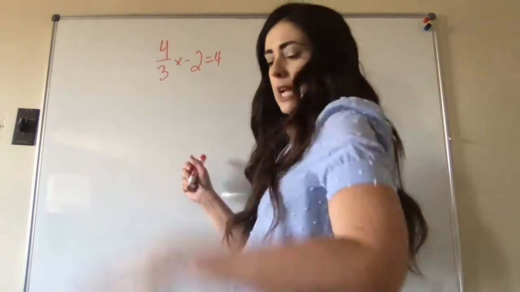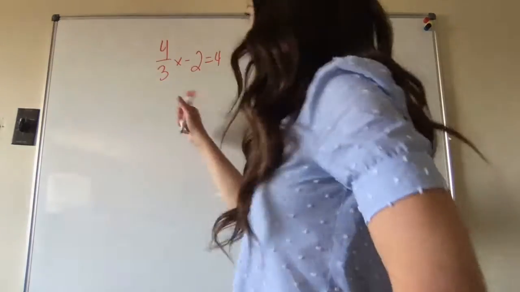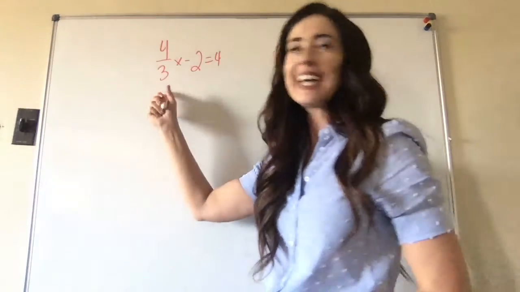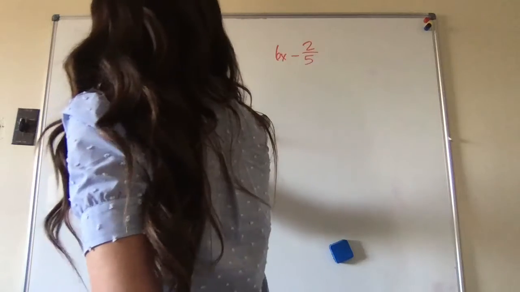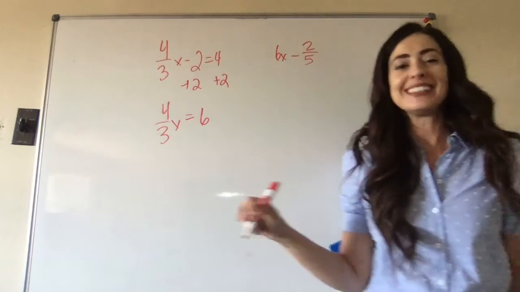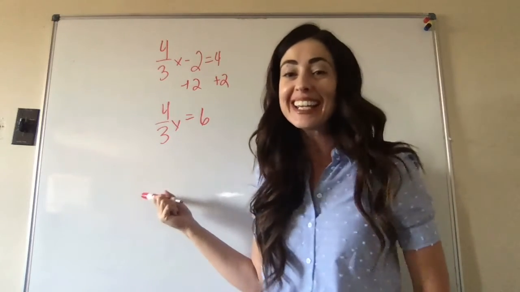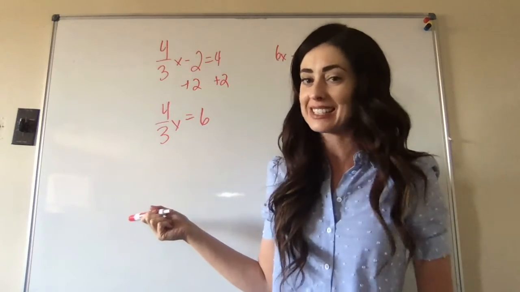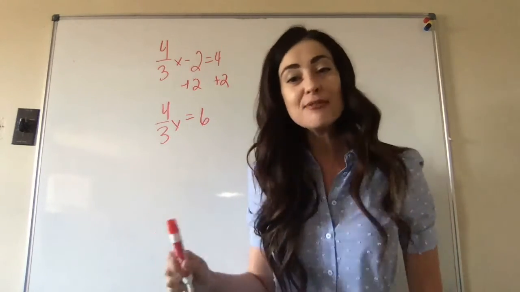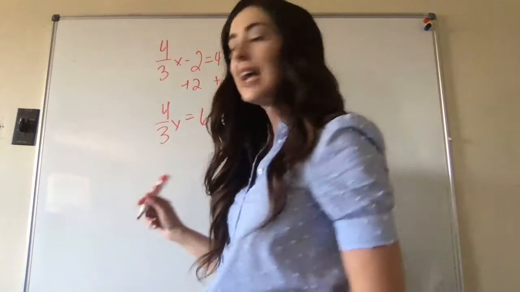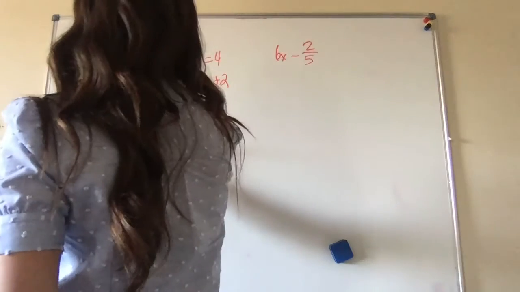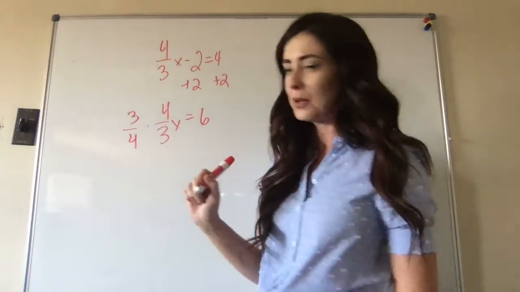Because we only have a fraction on one side. So we're going to add 2 on both sides. We get 4/3 x is equal to 6, okay? Now, we have to divide by 4/3, but when we divide by a fraction, we multiply by the reciprocal. So we're going to multiply each side by 3/4 because that's the reciprocal.